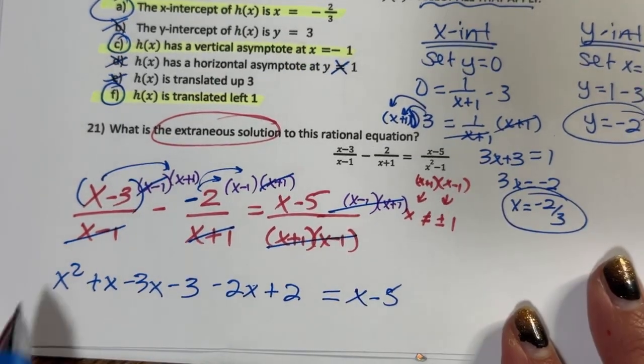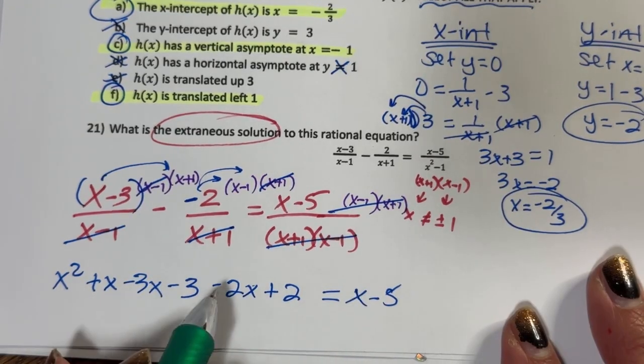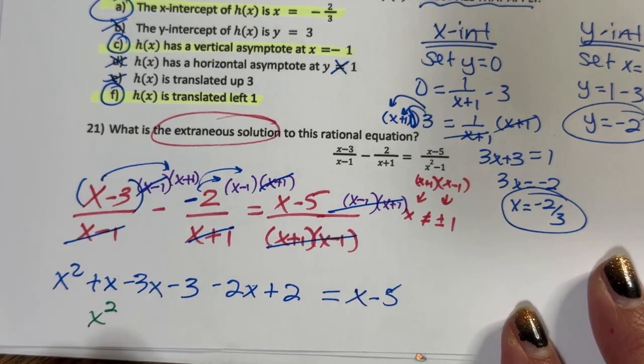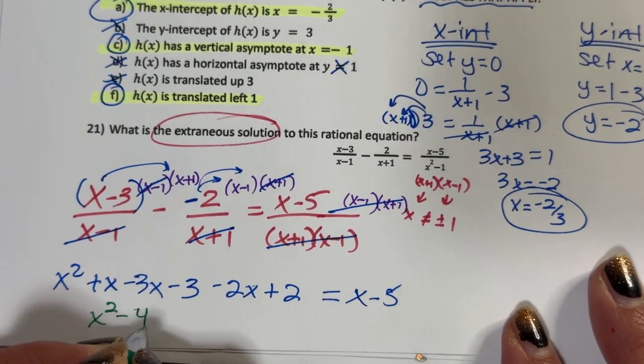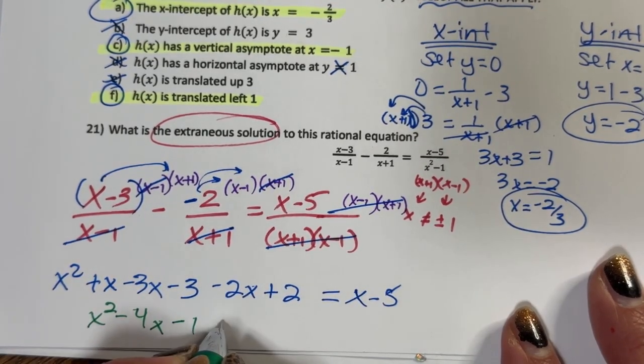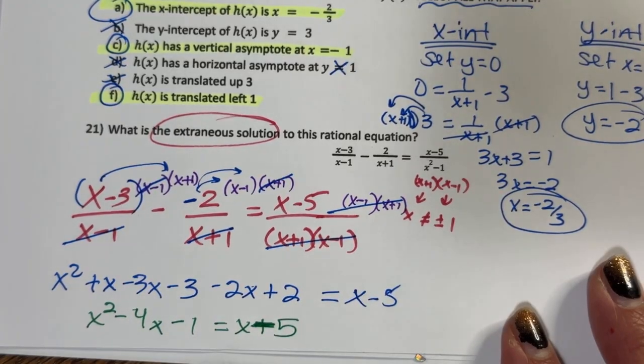All right, we need to clean this up. We're going to need to combine like terms, and then because of that x squared, we're going to need to get everything over on this side and equal 0 on the other. So let's see, x squared is the only x squared. X minus 3x is a -2x. -2x minus 2x is a -4x. -3 plus 2 is a -1 equals x, oops, that's a minus 5.